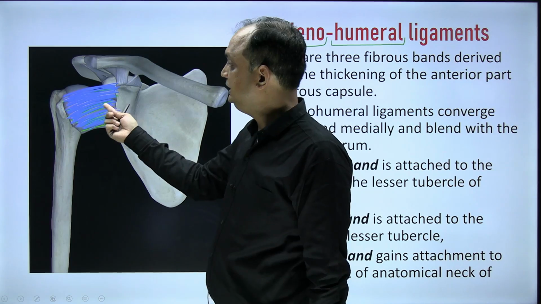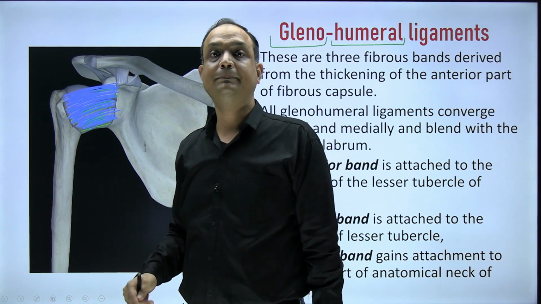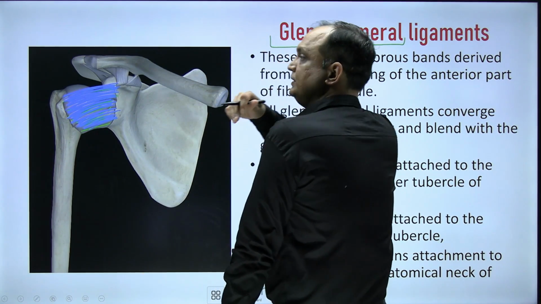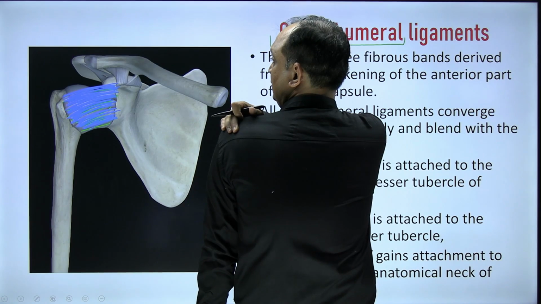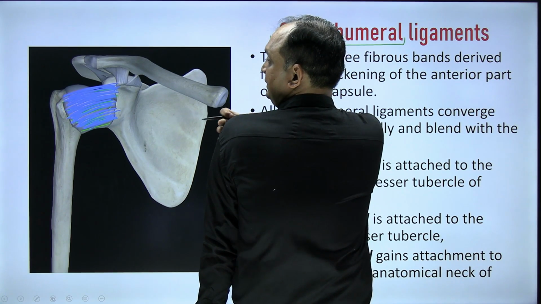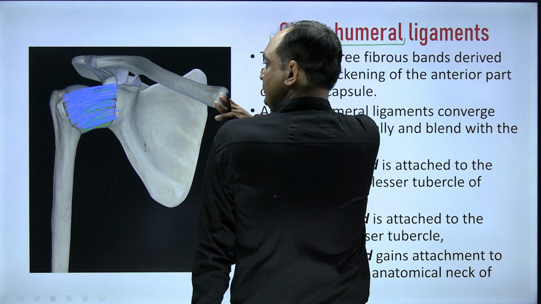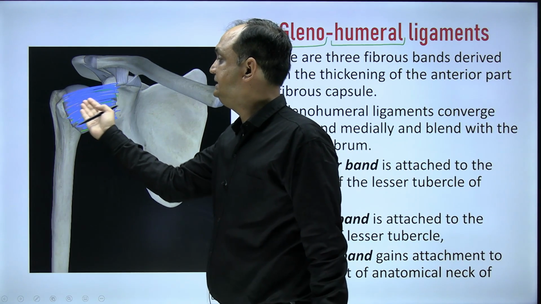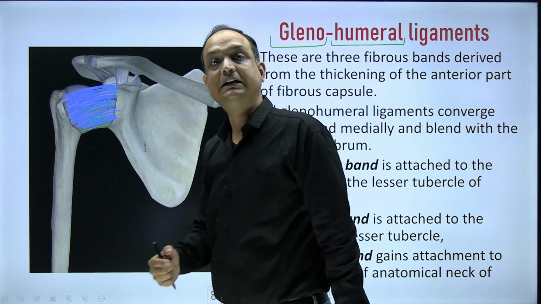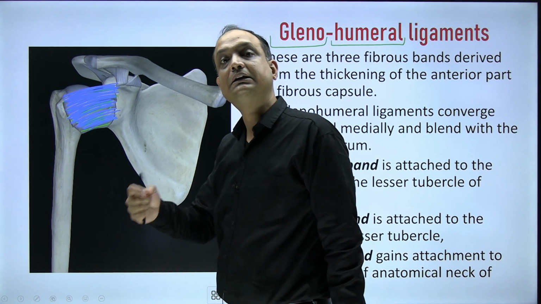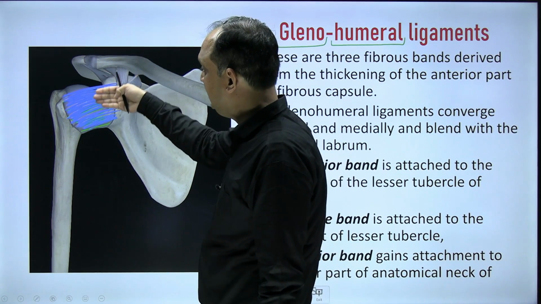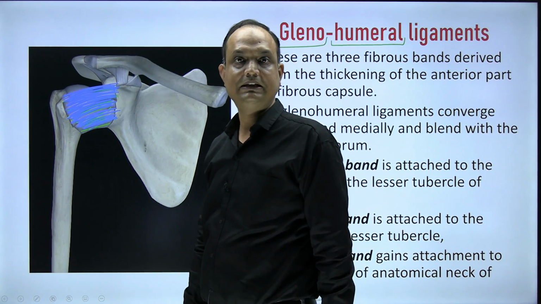So if I have to see the glenohumeral ligament, the better dissection is that I first remove the posterior part of the capsule, then I separate the head of humerus, and from inside you are able to see these thickenings, because these thickenings are nothing but the inner thickening of the anterior lamina of this capsule itself.